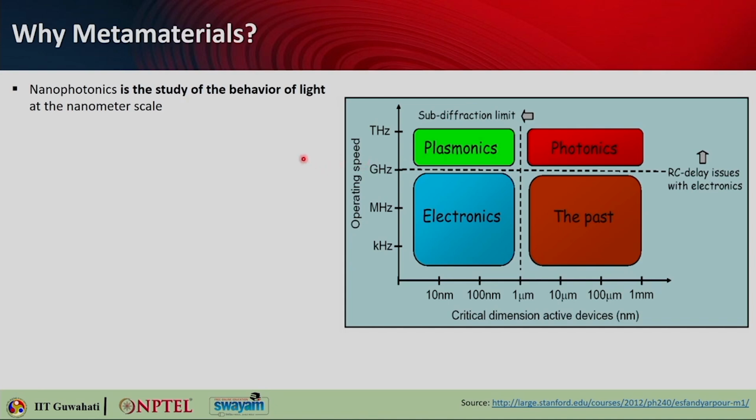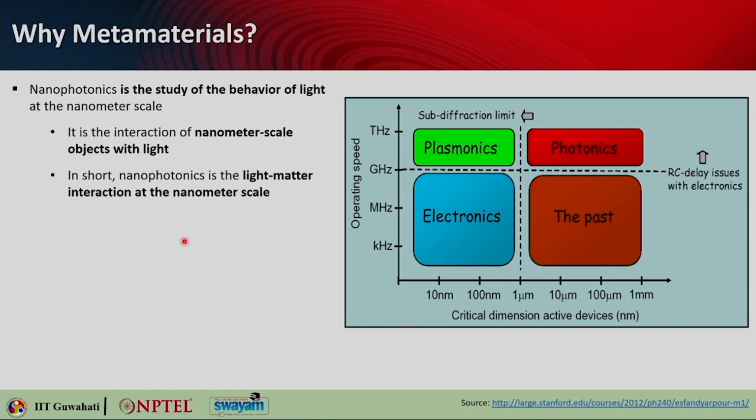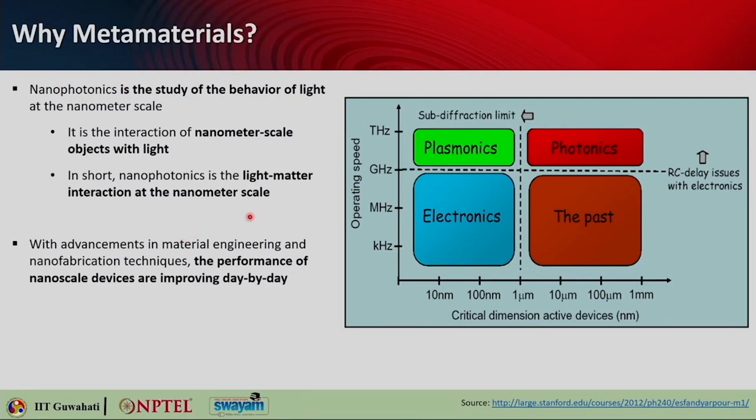Nanophotonics is basically the study of the behavior of light at the nanometer scale. It is the interaction of nanoscale objects with light. In short, nanophotonics is the light-matter interaction at the nanoscale. Now, with the advancements in material engineering and in nanofabrication techniques, the performance of nanoscale devices is improving day by day.